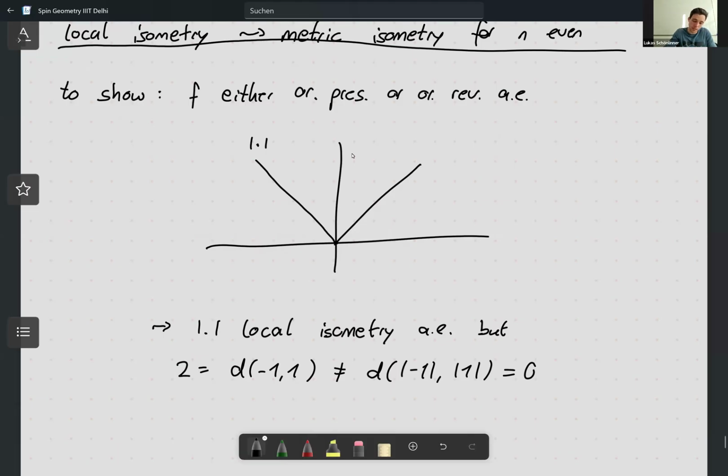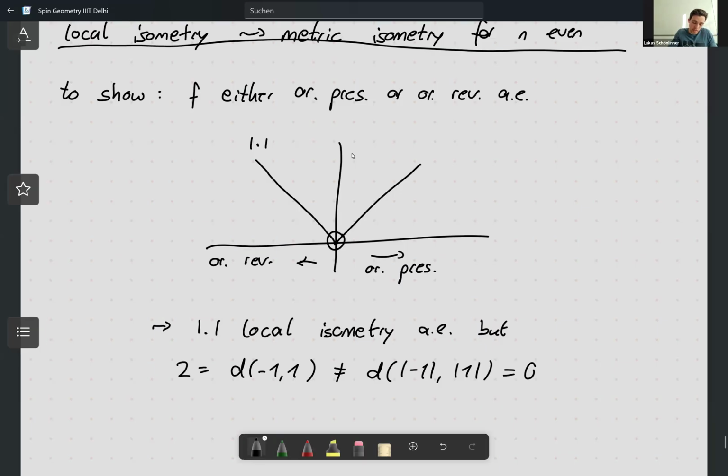And what we see here is that on the right side it's orientation preserving, and on the left side it's orientation reversing. If we show that the map is orientation preserving or reversing everywhere or almost everywhere, then these kind of folding points cannot happen.